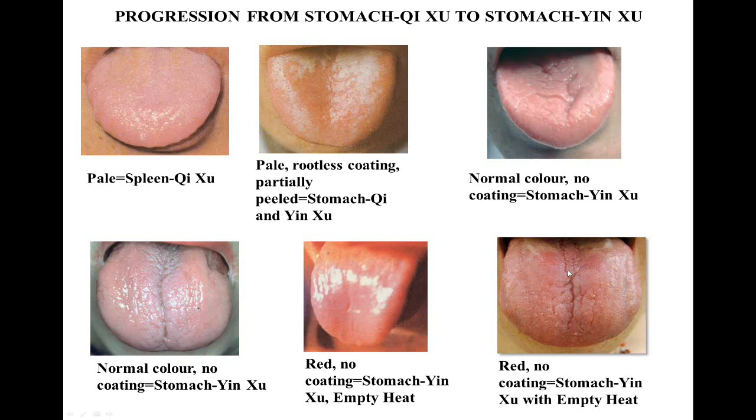So together with the Yin deficiency, there is empty heat. So it's a progression from mild Stomach-Qi deficiency to Stomach-Yin deficiency, to Stomach-Yin deficiency with empty heat. A progression like that.